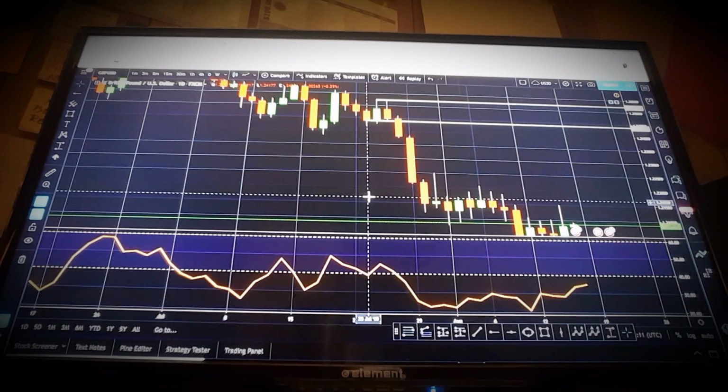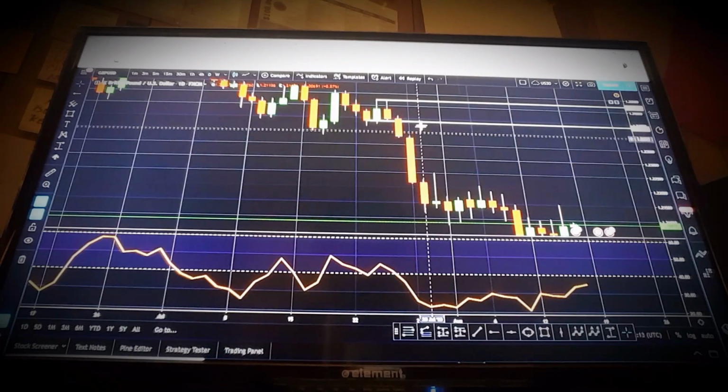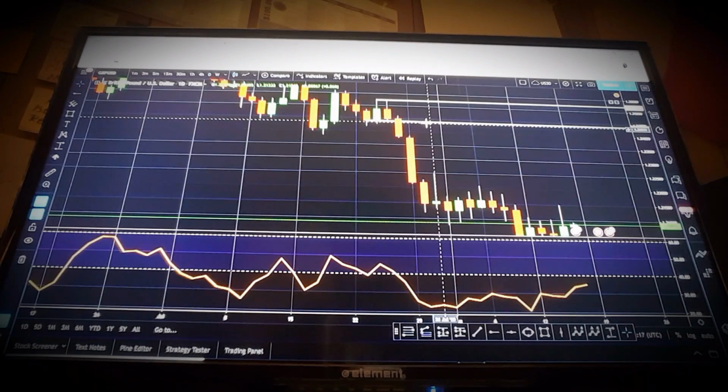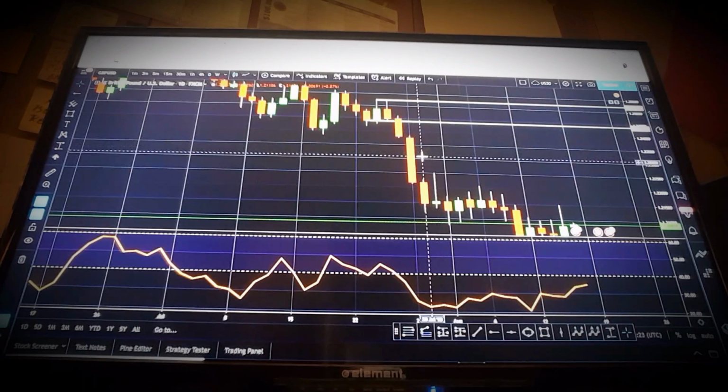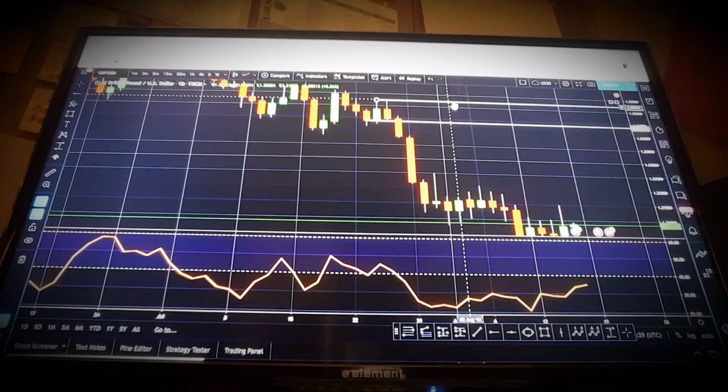Okay. So where my crosshair is at, this first line, this first level, that is called the proximal. And this line further away from current price, that is called the distal.